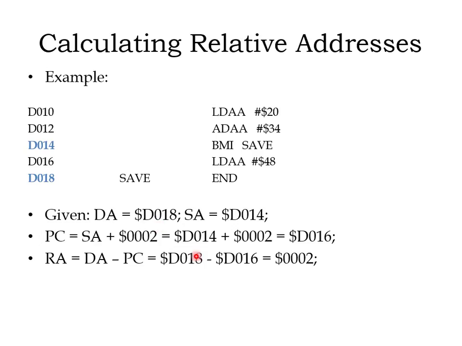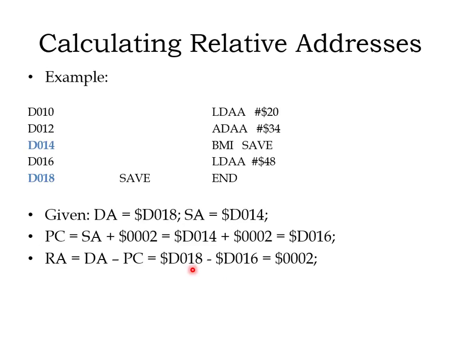So I plugged in D018 and I subtracted the PC that I just got in the previous line. Oh, that 0002 belongs to the formula. That's part of the formula for the PC. That will always be the formula for the PC.